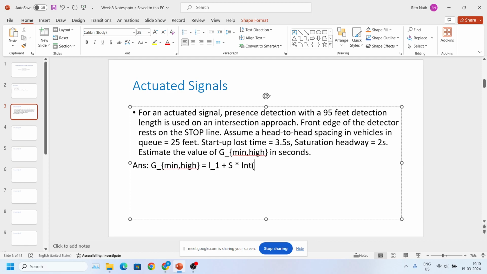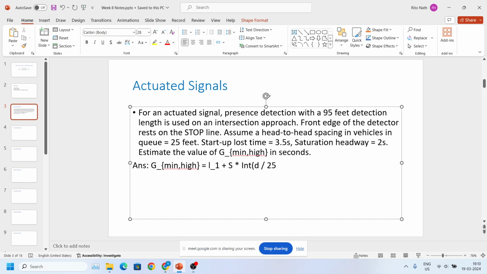In general, when I say integer, you have to take the ceiling of this. So it's not just the integer part, but you round it up to the higher integer. So you have D divided by the head-to-head spacing between vehicles.